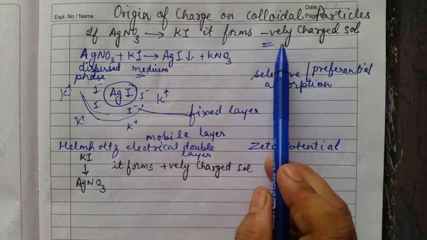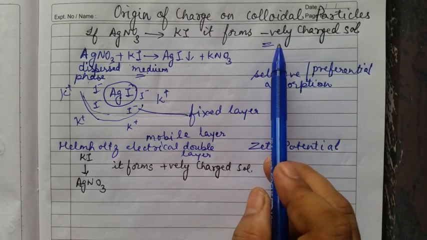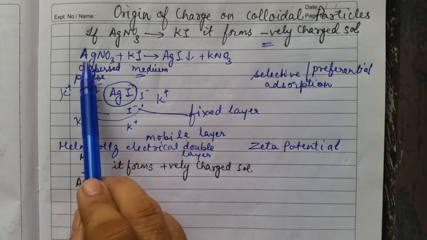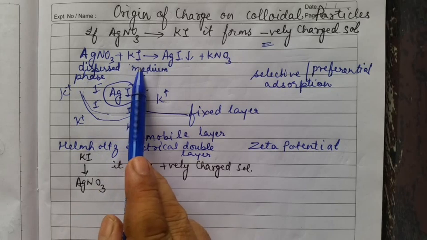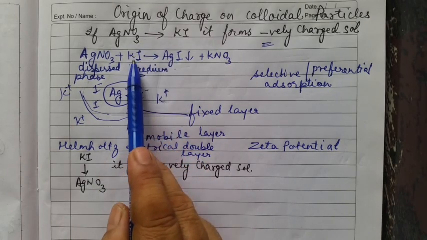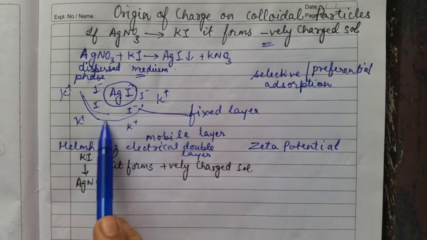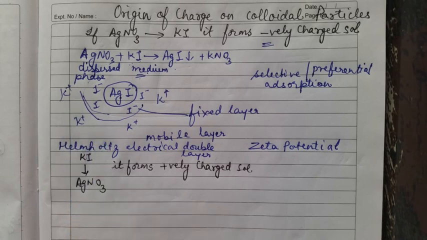Why negatively charged? Why does it acquire negative charge? Because we added AgNO3 as the phase, and this as the medium. On the precipitate, the ion common with the medium is adsorbed, and the other ion of the medium forms a second layer.